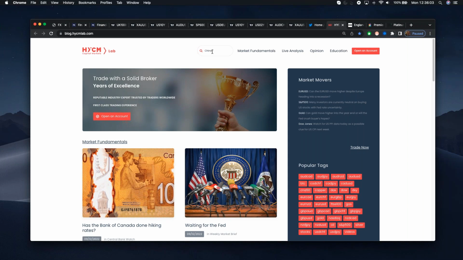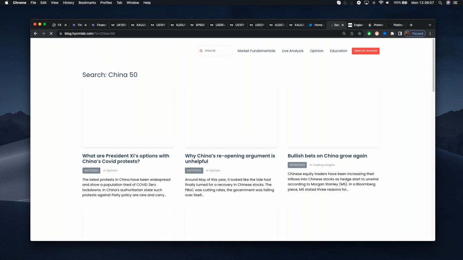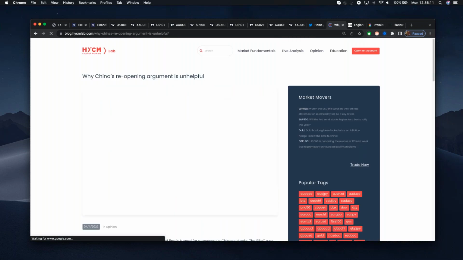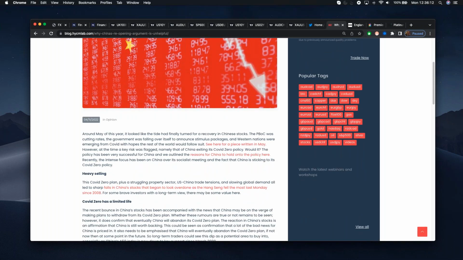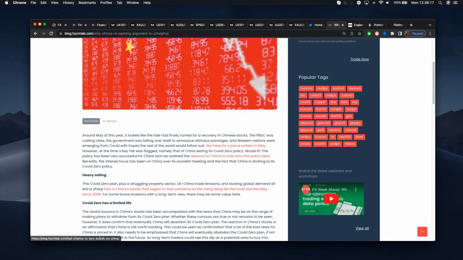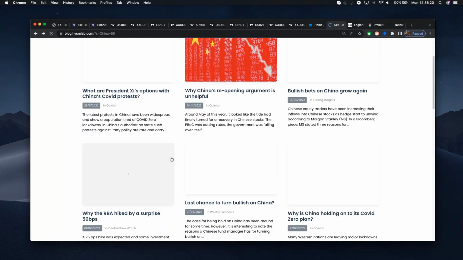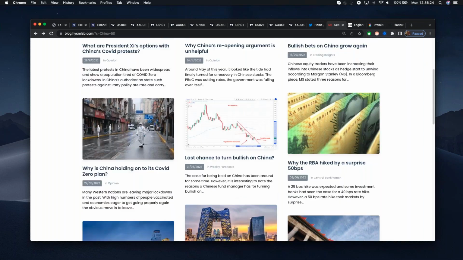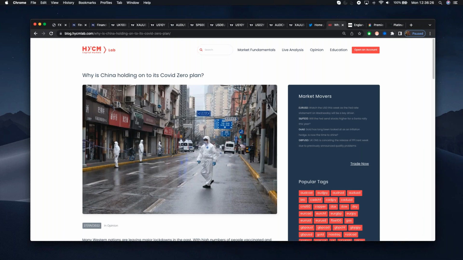Many commentators missed it, but it was this vaccination of the elderly that made a big difference. Back in November, I was saying that COVID zero has a very limited life, and as soon as we started to see the elderly being prioritized, we saw that as bullish.